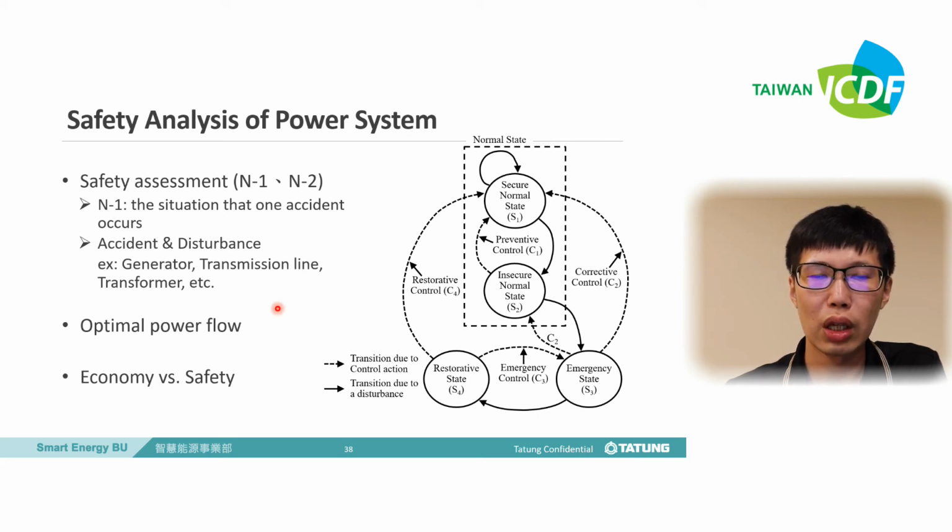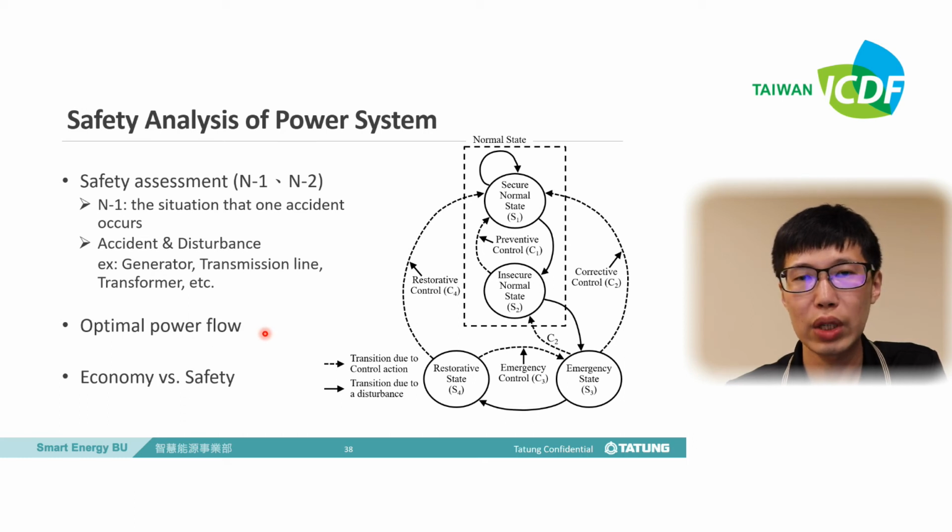And finally, it will decide the optimal power flow of the system. The optimal power flow might not be the cheapest solution, but it may be a safer one, or it may not be the safest, but it is the cheaper one, because there is usually a trade-off between economy and safety.